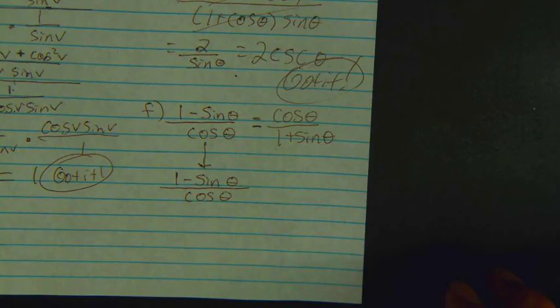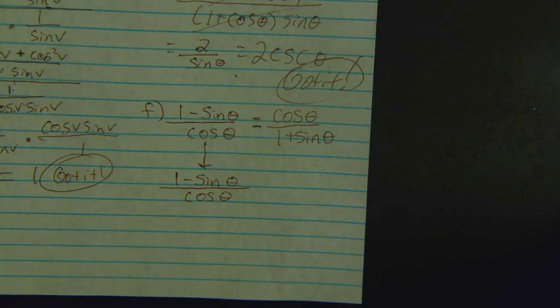Kind of looking at what's on the bottom at the end could help. Yes? You times everything on the left by 1 plus sine theta over 1 plus sine theta?